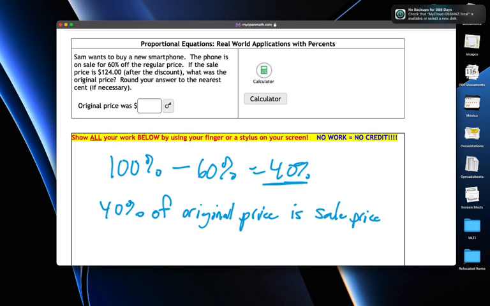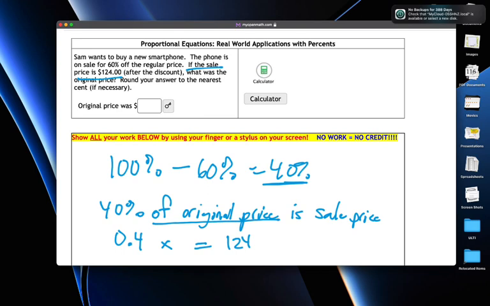So 40% as a numeric value is 0.4. We don't know the original price, so we'll use a variable for that, and that is supposed to be equal to the sale price. And we know that the sale price is $124.